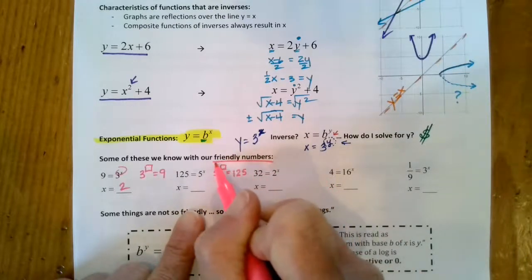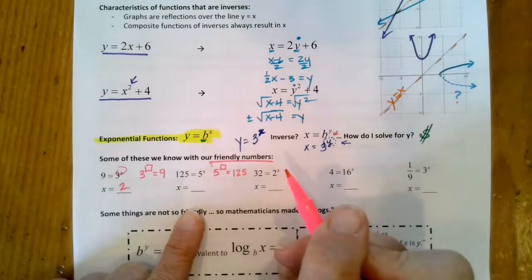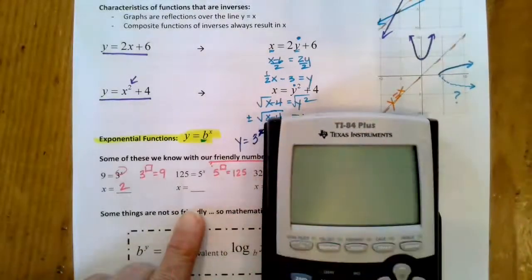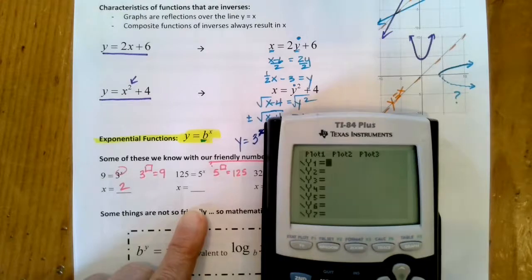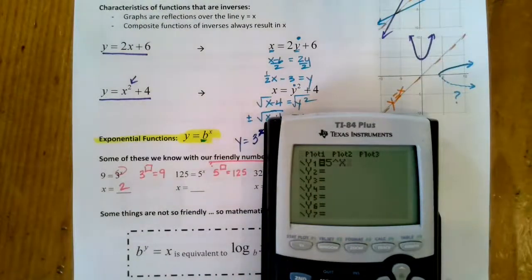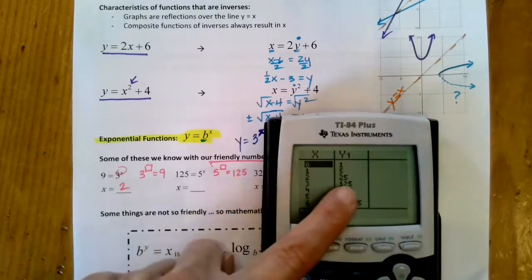So having that unknown up in the exponent position creates a little bit of drama. If you wanted to, you can get your graphing calculator, go to your function screen and say 5 to the x power, and then you could go to the table and say, oh, here's 125.